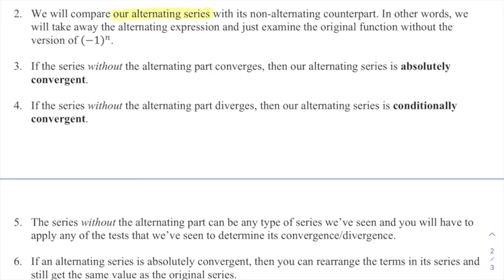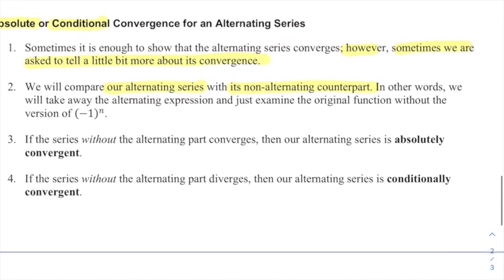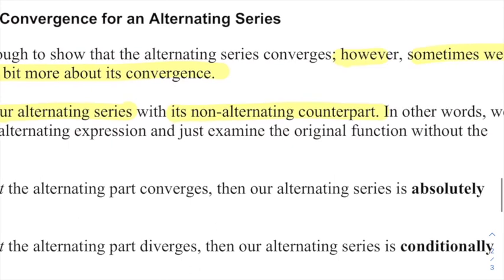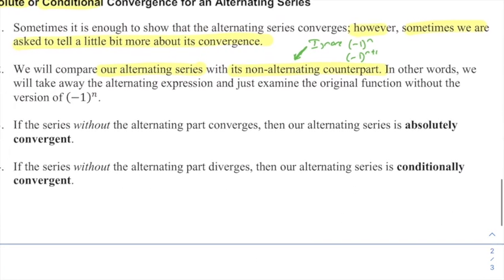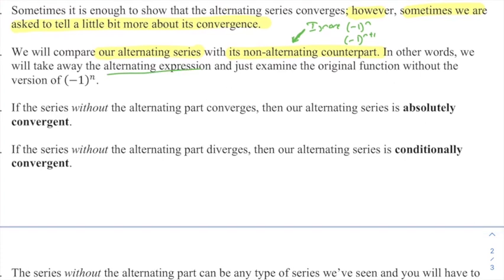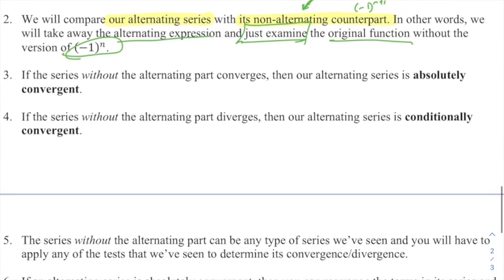So, we will compare our alternating series with its non-alternating counterpart. That's a fancy way of saying we will ignore the (-1) to the n, or (-1) to the n plus 1. So in other words, we'll take away the alternating expression and just examine the original function without the alternating part.